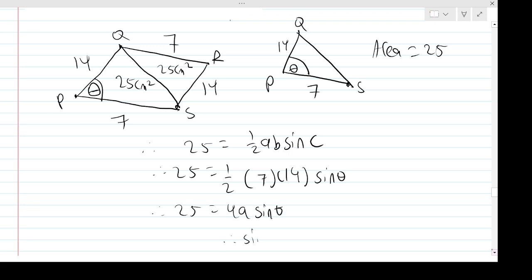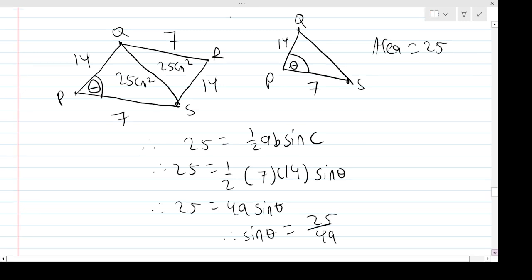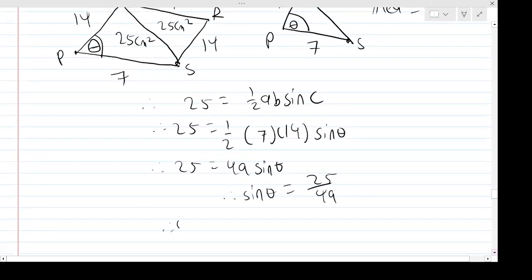Therefore sine theta is 25 over 49. So if we do the inverse sine, we get theta is 30.677, blah blah blah. But again, there will be a second possible solution for the angle theta.